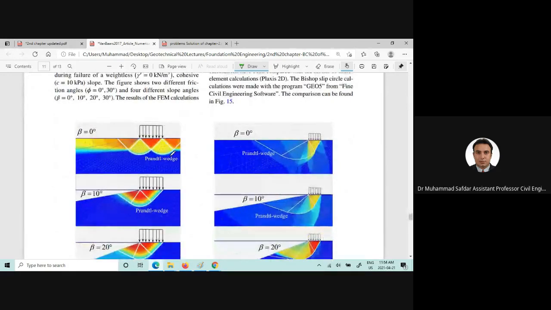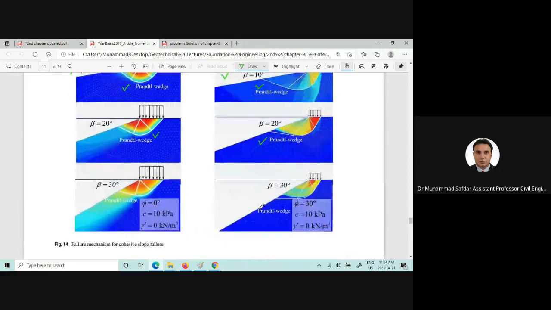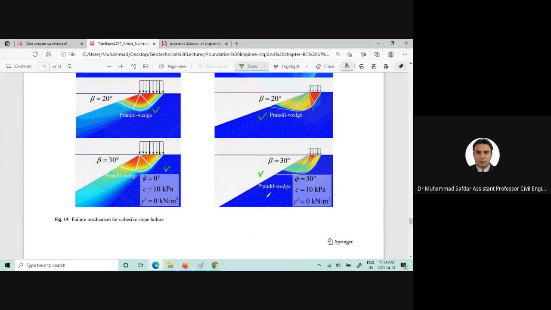First we changed the inclination angle, now we are changing the slope angle. Okay, and we are observing the Prandtl wedge. In this case you can clearly see those three zones. Now these three zones can also be seen here as well. Now you see the change which is occurring in the failure mechanism with different beta values or angles.